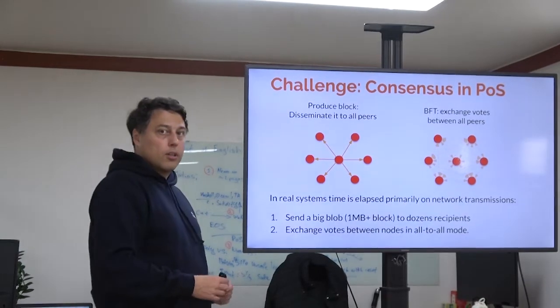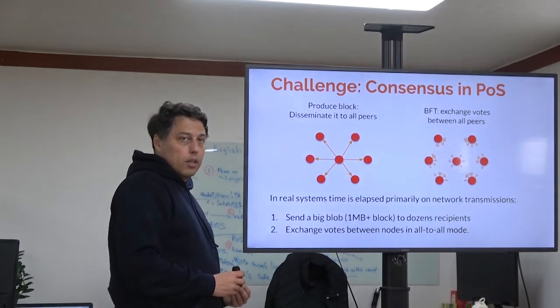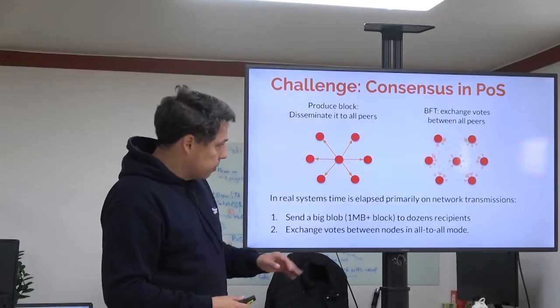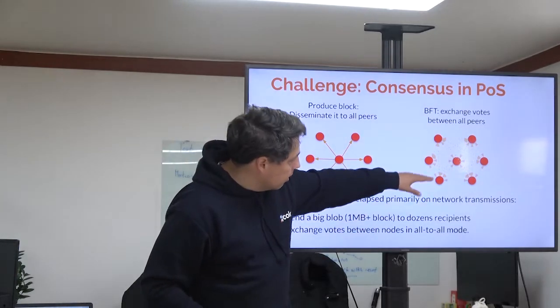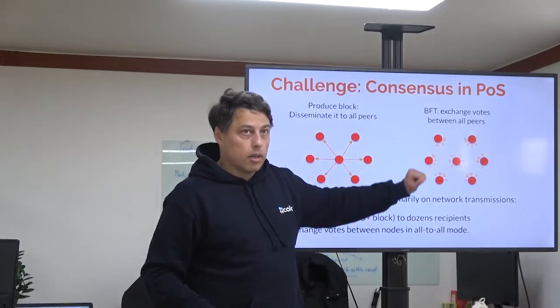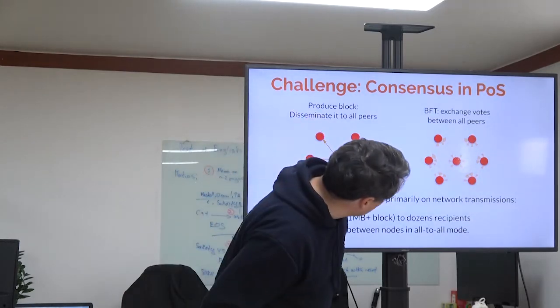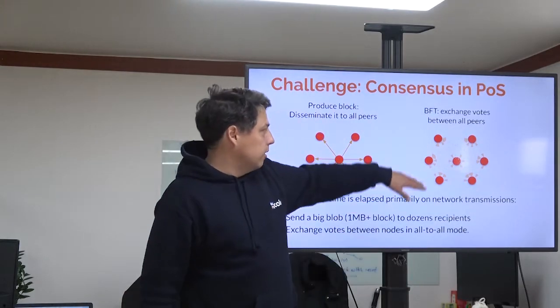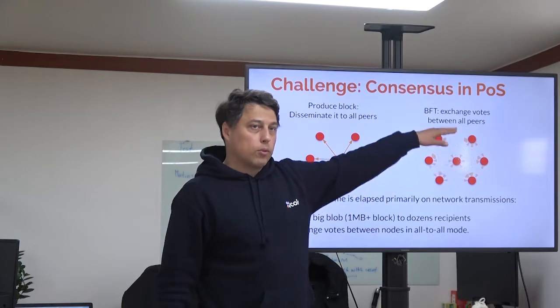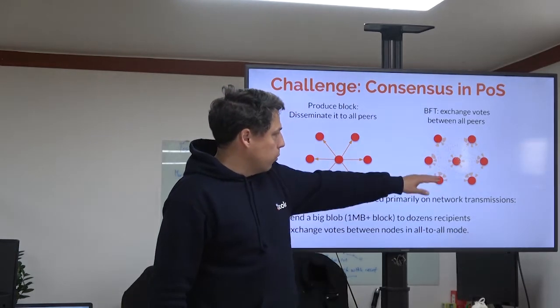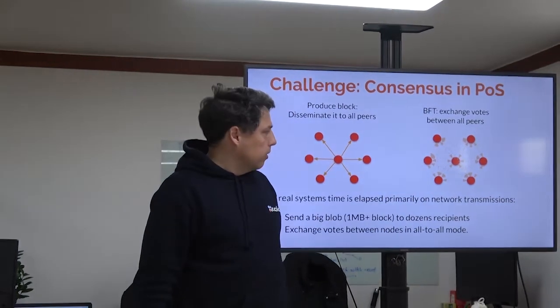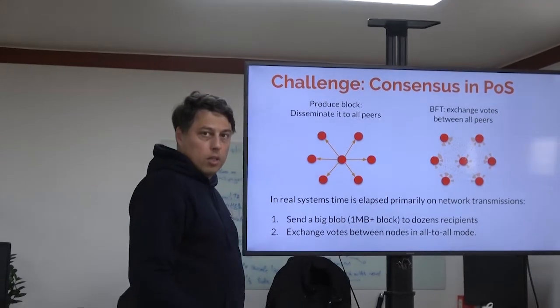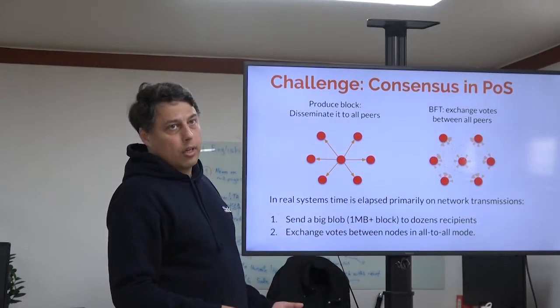And another feature in proof of stake is that the nodes that perform validation need to communicate with each other. I don't know if you can see, but there are arrows, everyone to everyone. So it is n squared arrows, and this communication might also take a very long time.